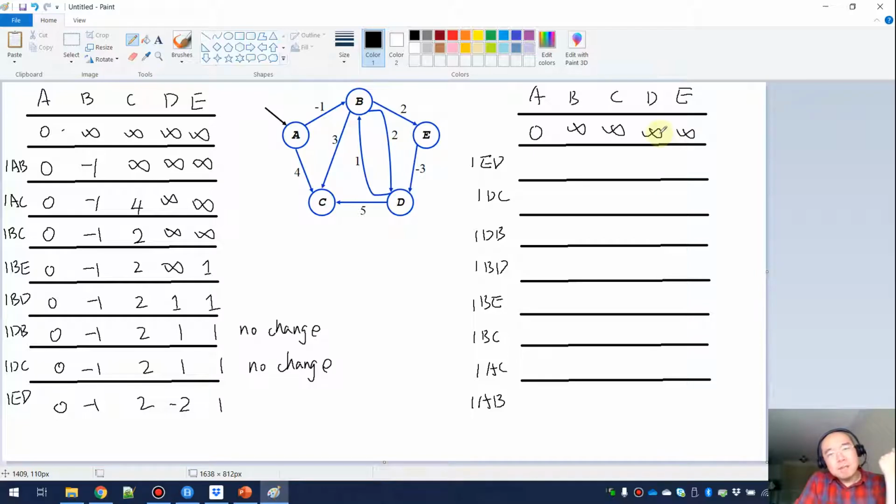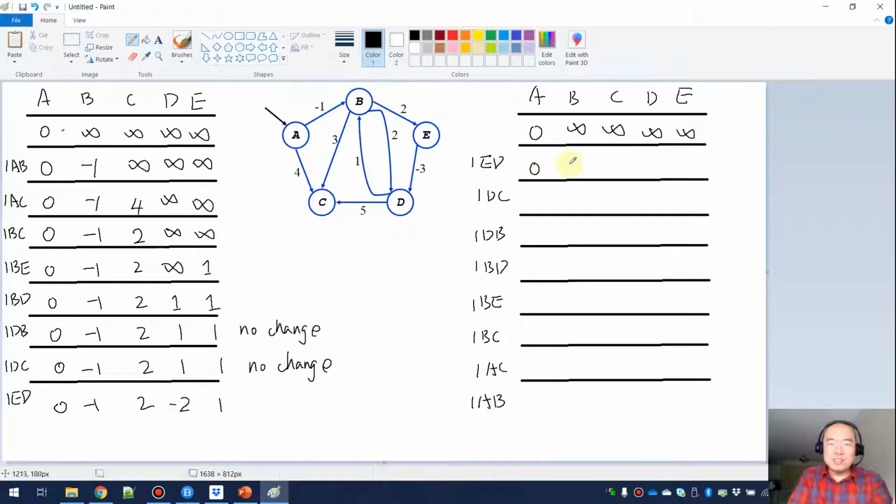What does that mean? This means we don't know how to get to E yet. There is a path from E to D, but since we don't know the cost of E, we can't infer the cost of D. So in this case, there's no change.